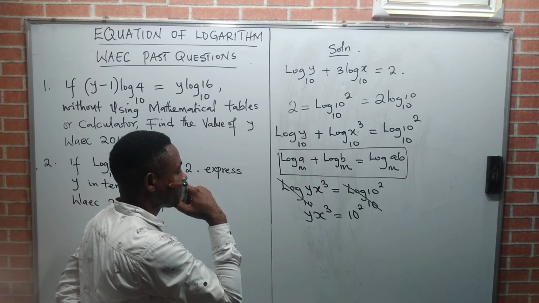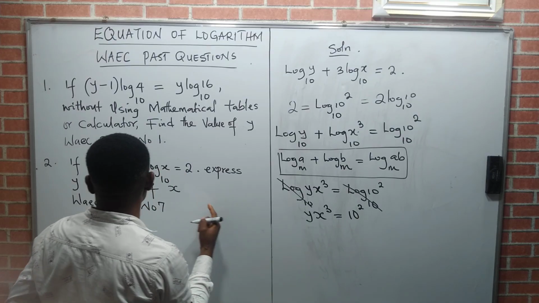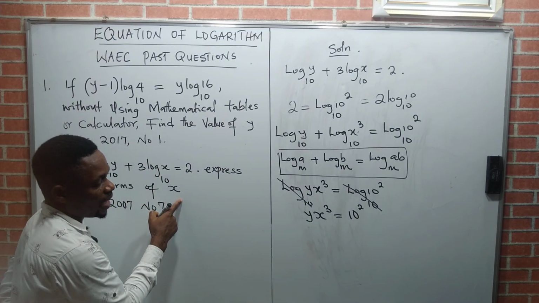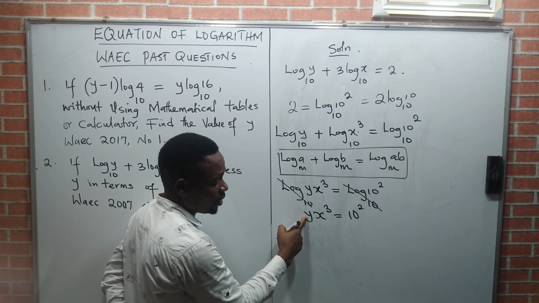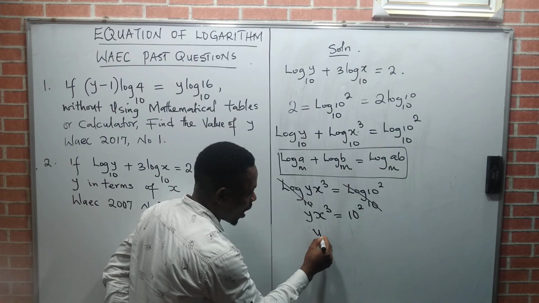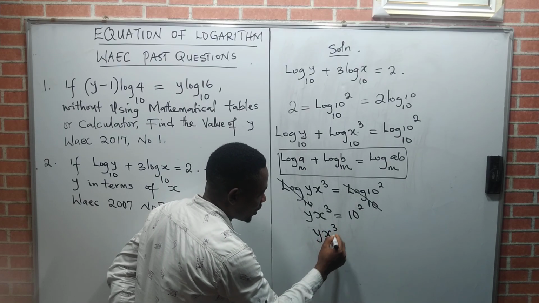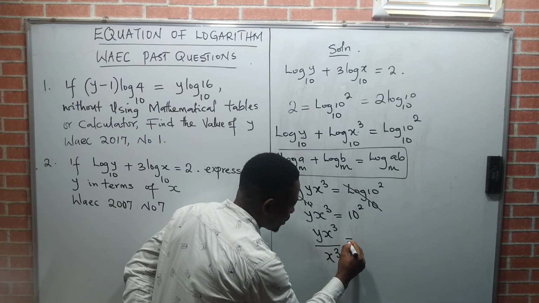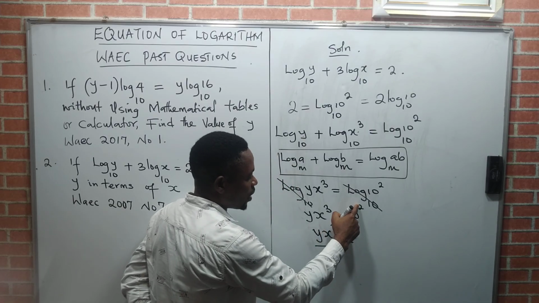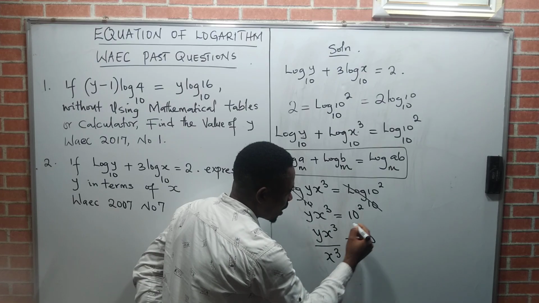Are you with me? Remember the question says we should express y in terms of x. So by this junction now, I can make y subject of the formula. I will now say y x raised to power 3 divided by x raised to power 3, then it's now equal to 10 raised to power 2 is 100. How?